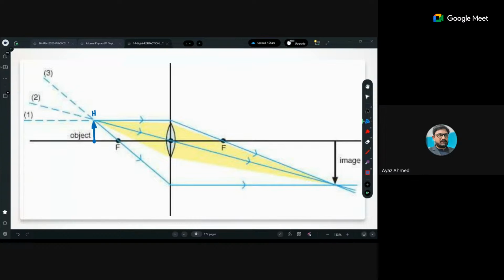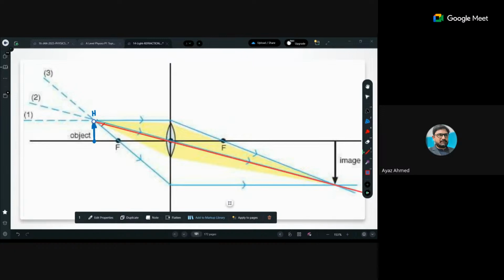So from here, you have to draw 3 rays. First ray, which will pass through the optical center, will be drawn without any bending this way, right? Although this is ray number two, but you can draw it first. Yani in drawing, you can use it as ray one.